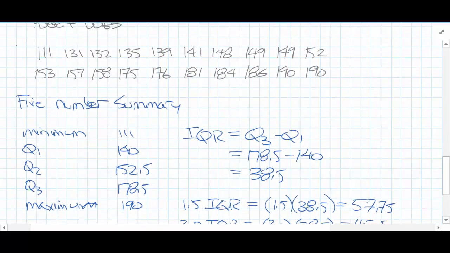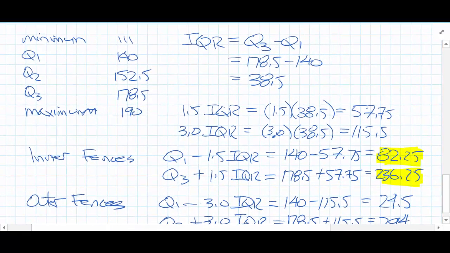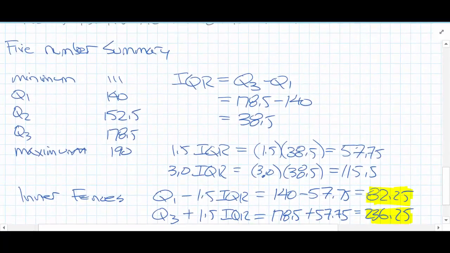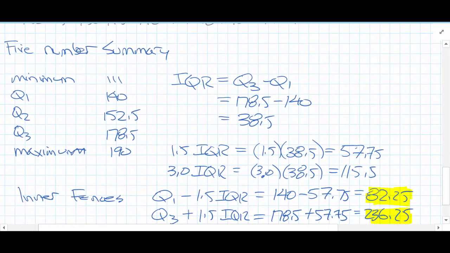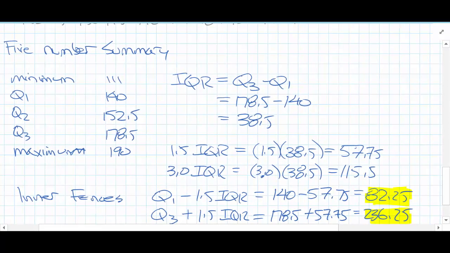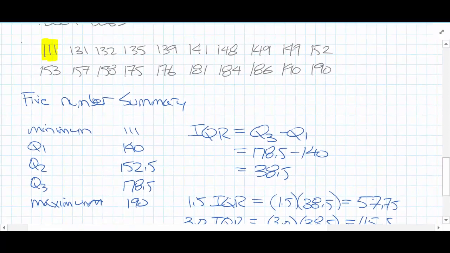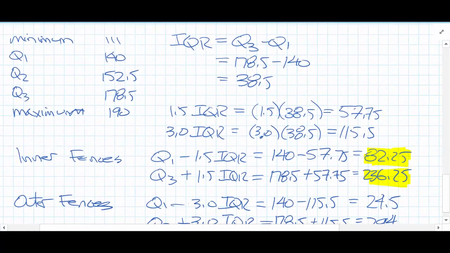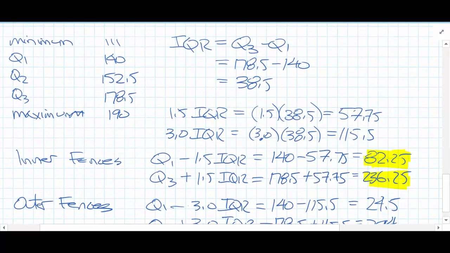The smallest value is actually 111, so that's going to be the lower whisker, because it's not outside the inner fence below Q1. What about the other way, 236.25?